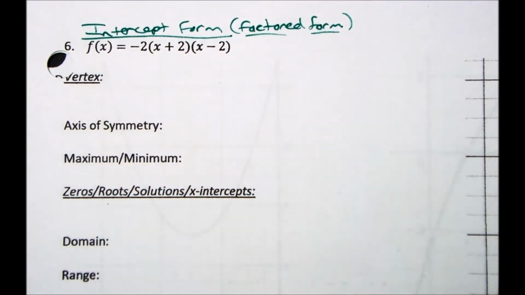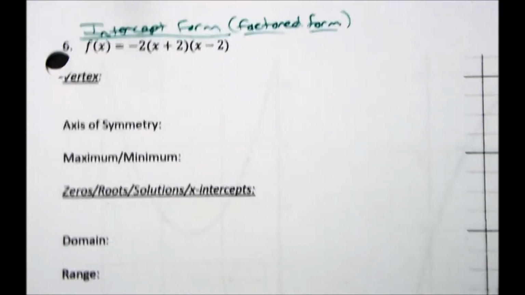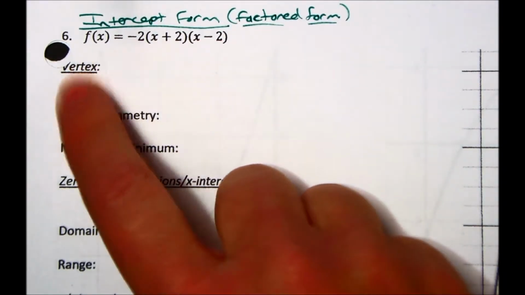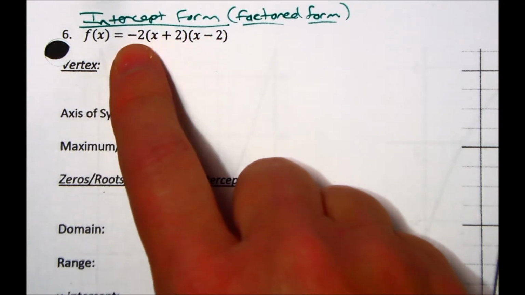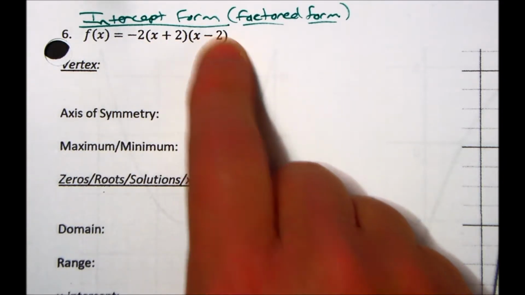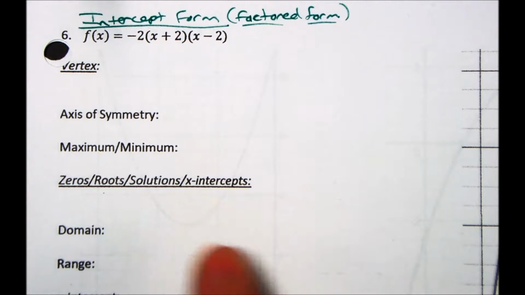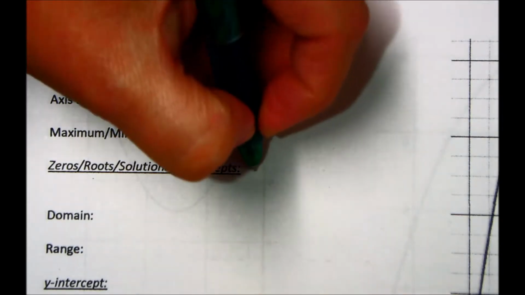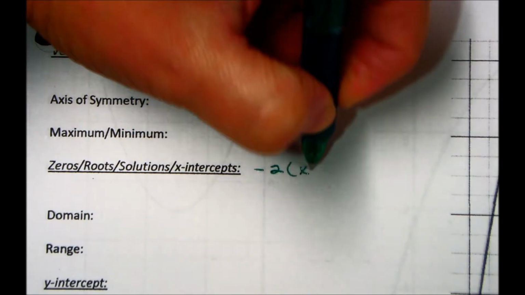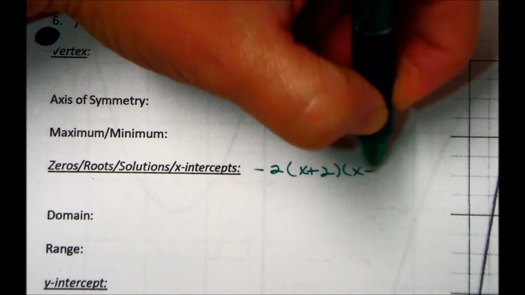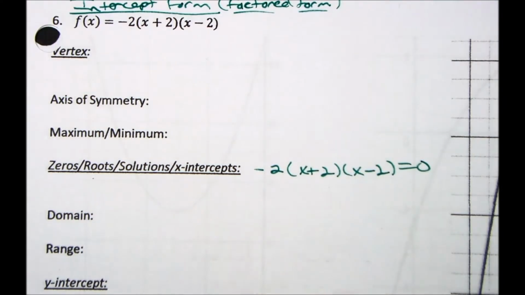And what did we use factoring for? We used factoring to solve. So instead of starting with the vertex, I'm going to take this equation, negative 2 times x plus 2 times x minus 2, set it equal to 0 to find the x-intercepts, and solve.